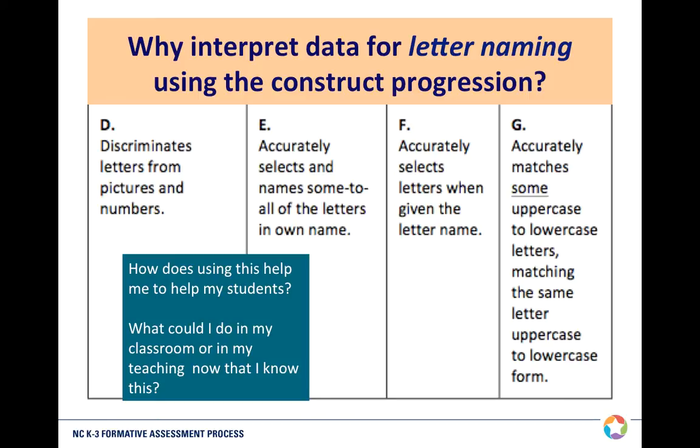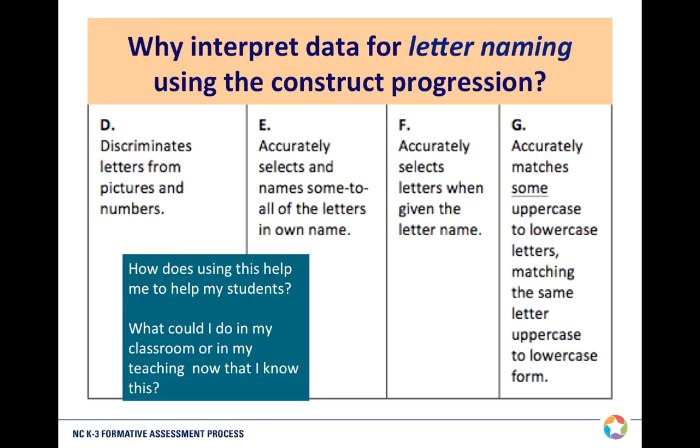So how does using this help me to help my students? It provides a way to know where my students are and what they need next. So what could I do in my classroom or in my teaching now that I know this?